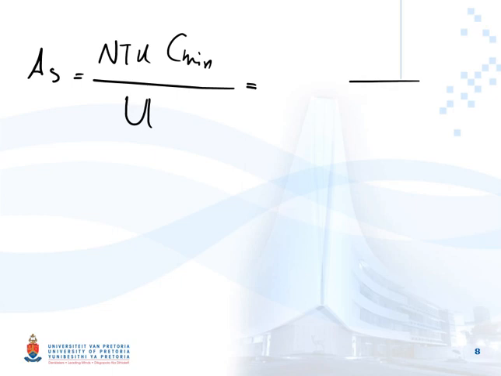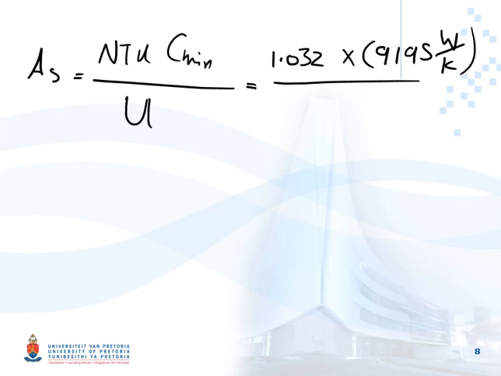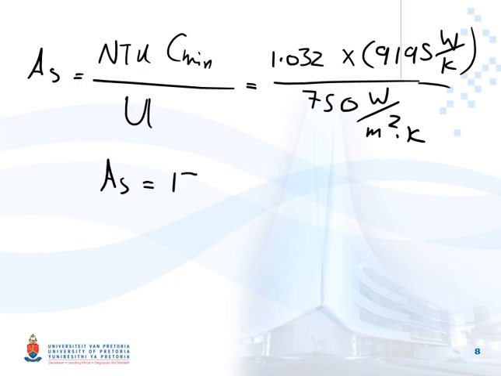So it will be 1.032 multiplied by 9195 watt per Kelvin divided by 750 watt per square meter Kelvin, which was given in the question itself. So this will be equal to 12.65 square meters.